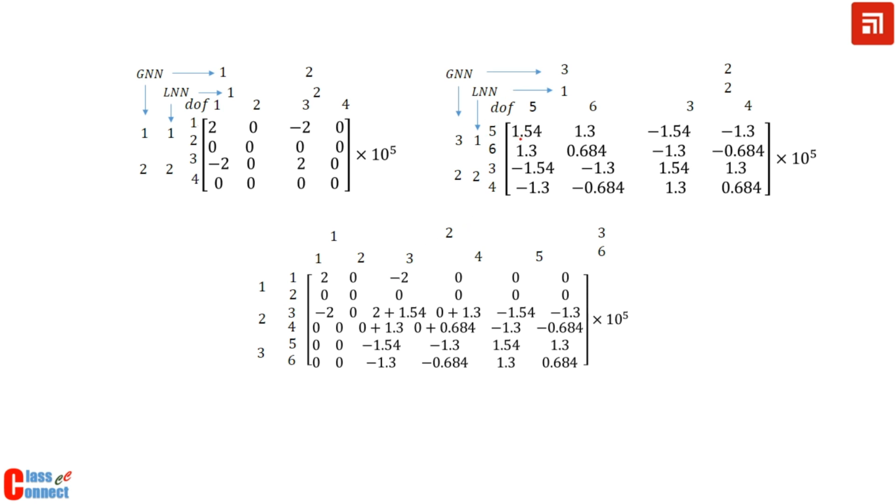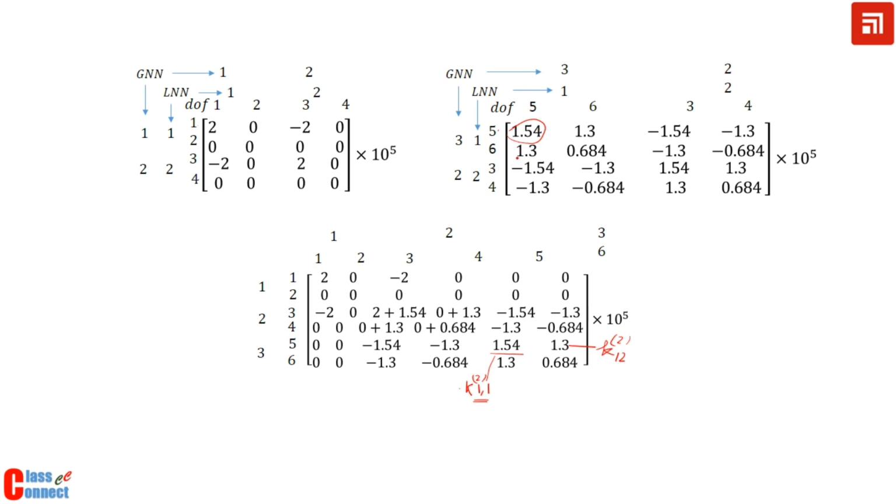Now let us come to this. When we start this, the first element will go at 5 5. This is the value 1.54, which has come from 1 1 of the second element. So this is basically K11 of the second element, and this is K12 of the second element because it will come at 5 6.